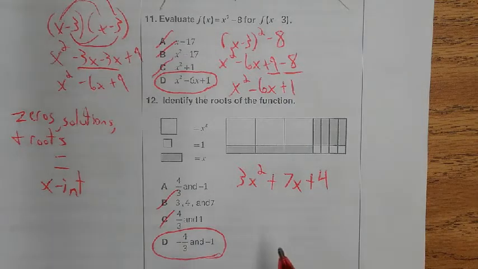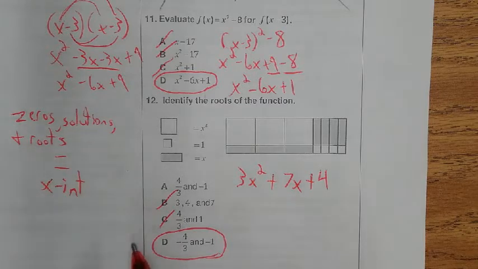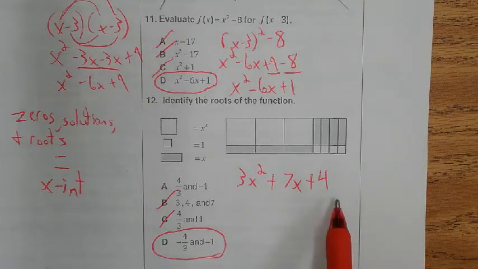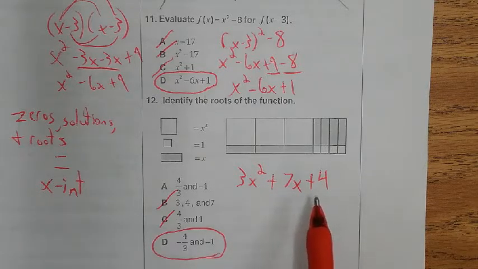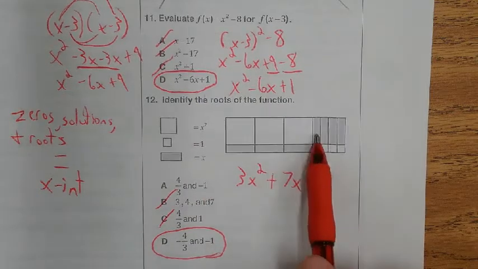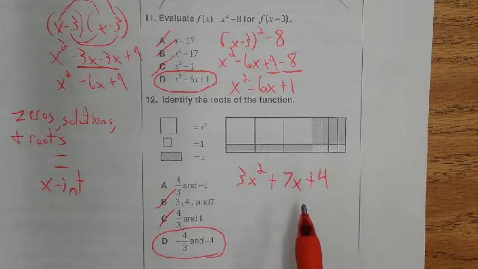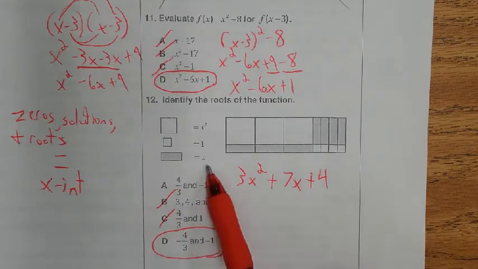Okay, and I had to remind some people that roots, zeros, and solutions all mean the x-intercept. So what you would do for this one is you would write out the equation. How we got this was we looked at how many x squares there are. There's 3 big boxes, or 3 big squares, so we know that's 3x squared. Then the x's are the rectangles.